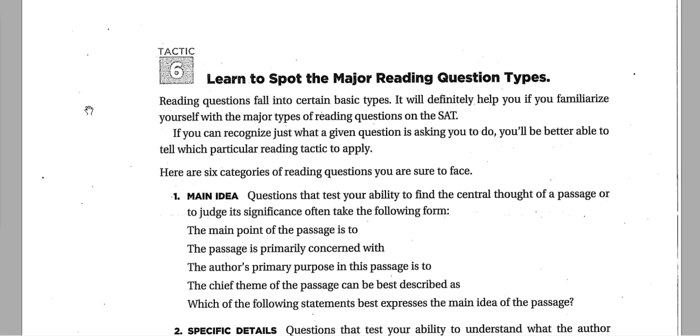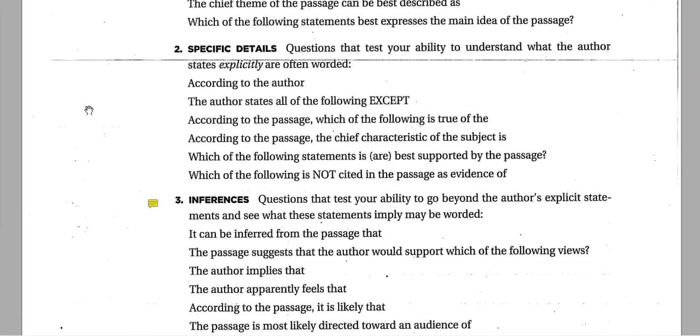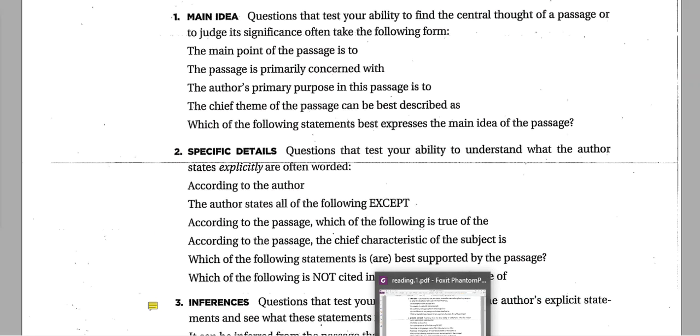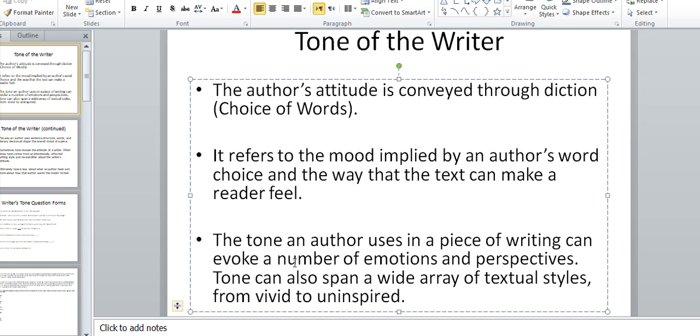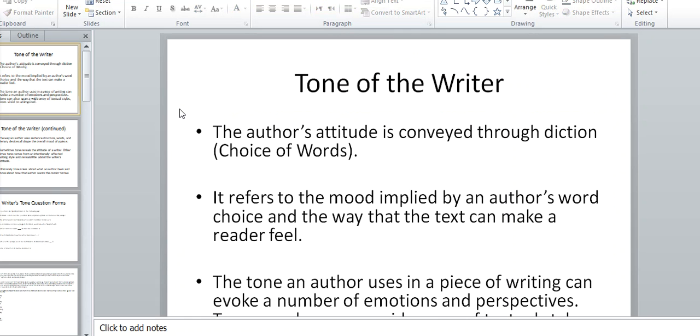So far we have covered main idea questions and vocabulary in context questions, and now we're going to go for the other 3 that we're going to discuss today. Let's start off with tone of the writer. Tone of the writer is the author's attitude, and it is conveyed through diction, choice of words.